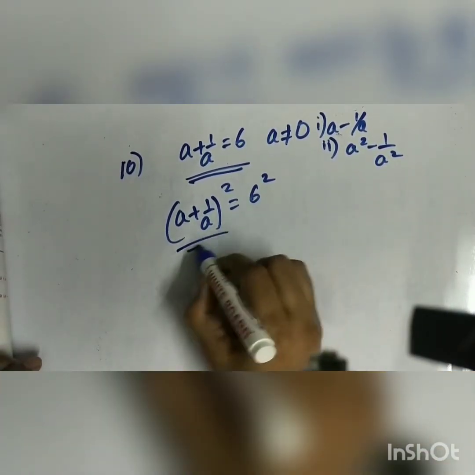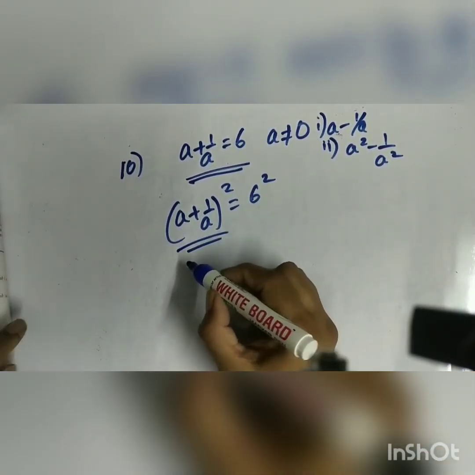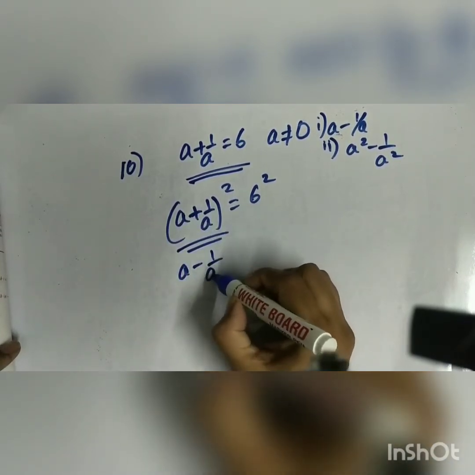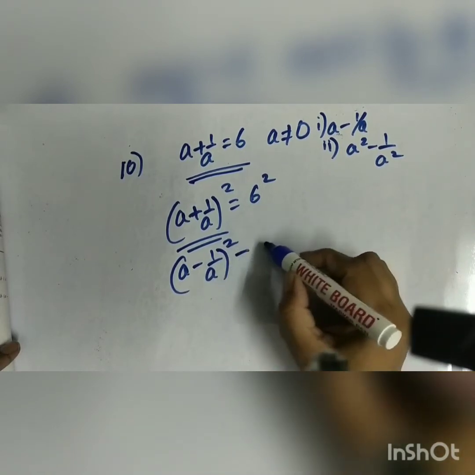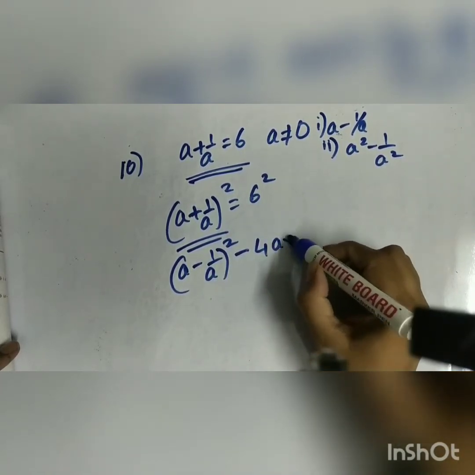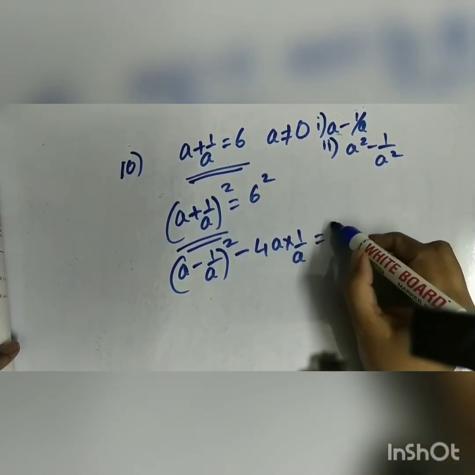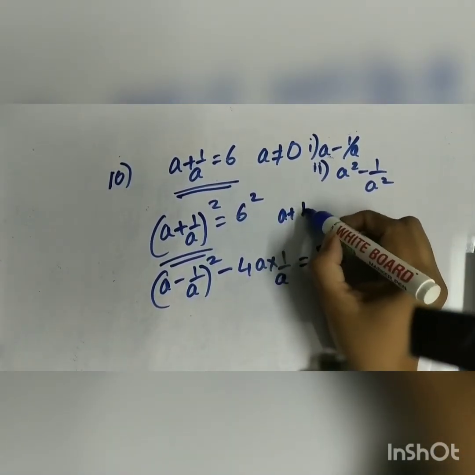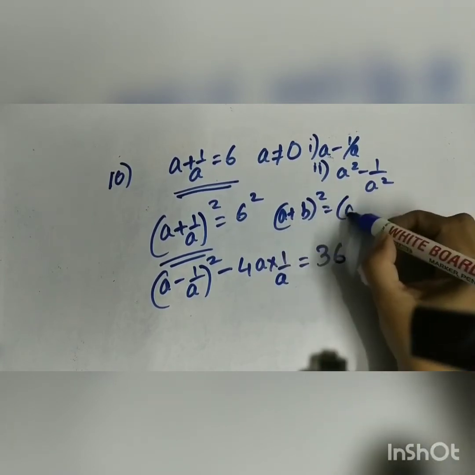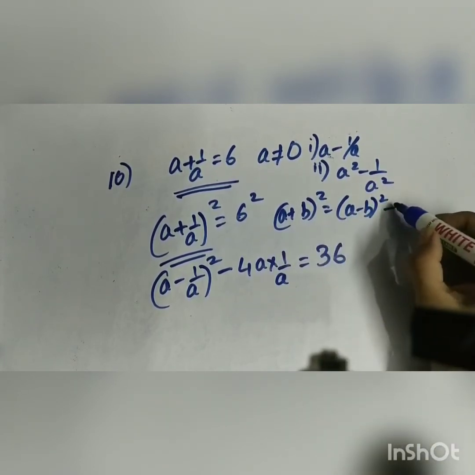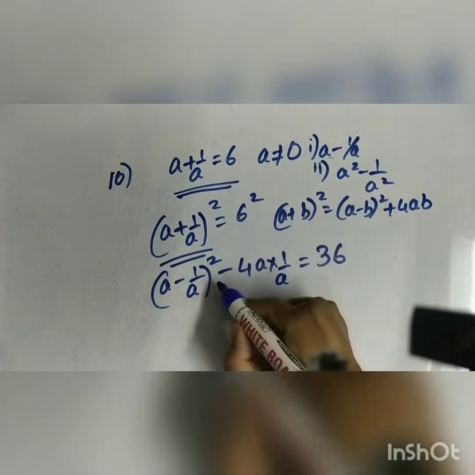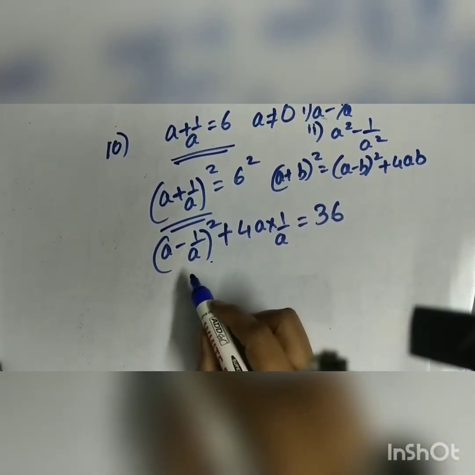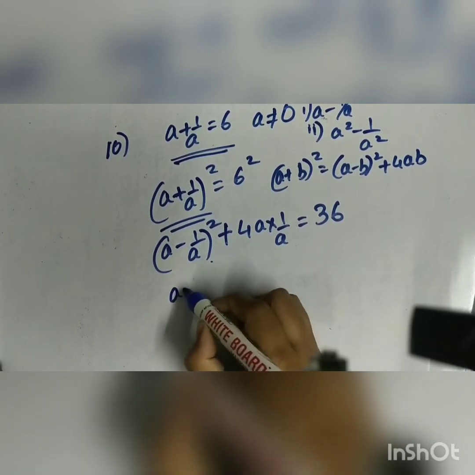So what is this when we expand? When we have opposite sign, we are supposed to use it. I get a minus 1 by a whole square plus 4 times a into 1 by a is equal to 36. That is, we will use this formula: a plus b whole square is equal to a minus b whole square plus 4ab. a minus 1 by a whole square we don't know, we'll just keep it as it is.